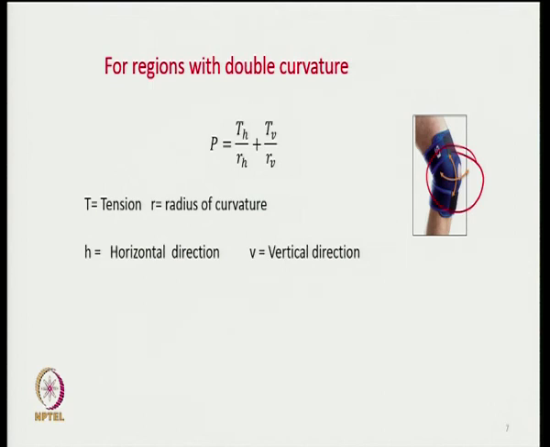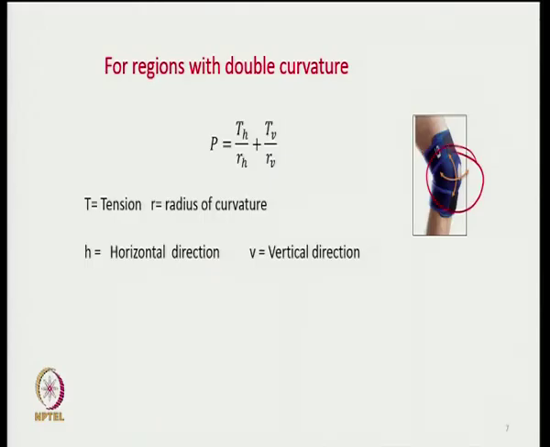Therefore, if we put a fabric or a circular tube over the knee, then the tension that will develop or the stretch that will develop will be different in the horizontal and vertical directions.